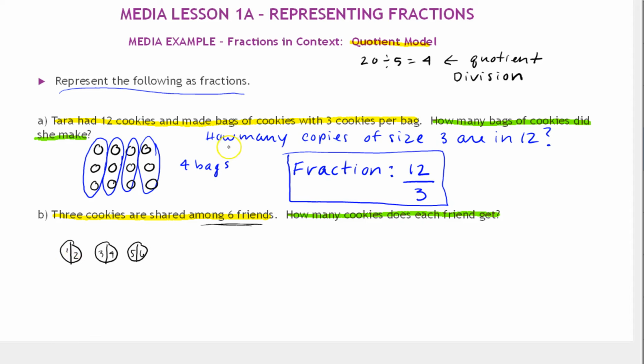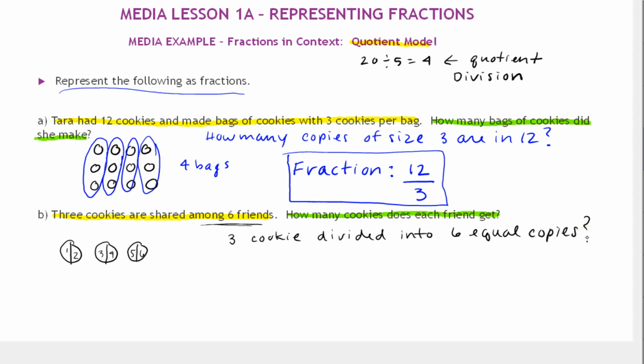So let's think of this in relation to how many copies of size 3 are in 12. This is not asking us how many copies of size 3 are in 6, or 6 are in 3. We're thinking we have 3 cookies divided into 6 equal copies.